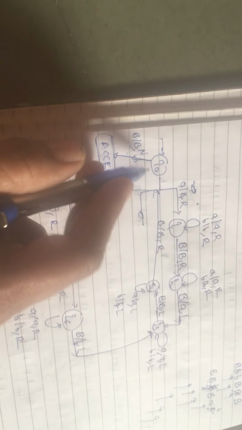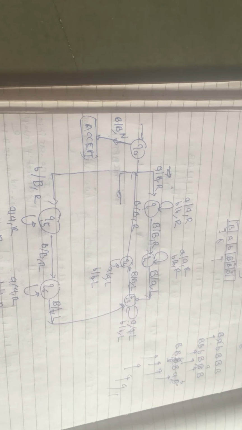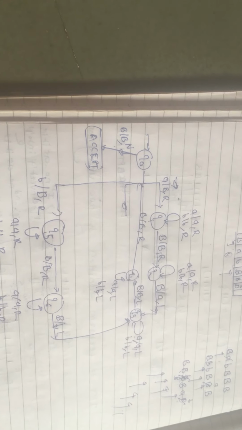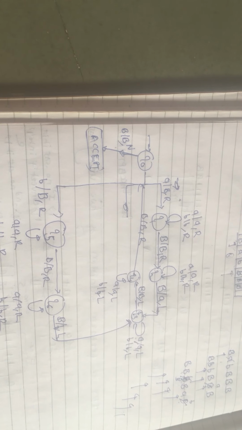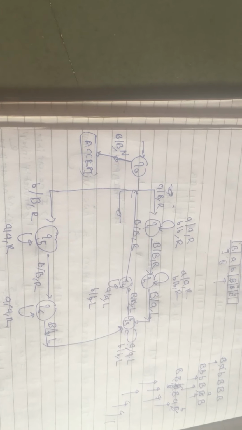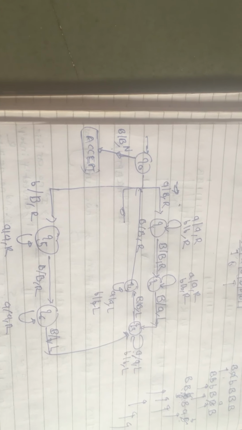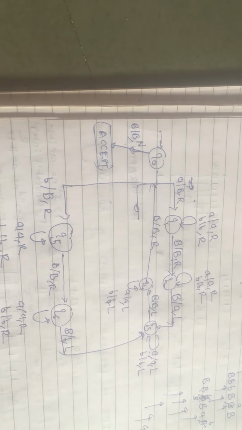Okay, that means here we copied the string at the end of the tape. Okay, so this way we can copy a string at the end of a tape over the alphabet AB. Instead of AB there can be any symbols. Okay, so this is the logic and the transition diagram.